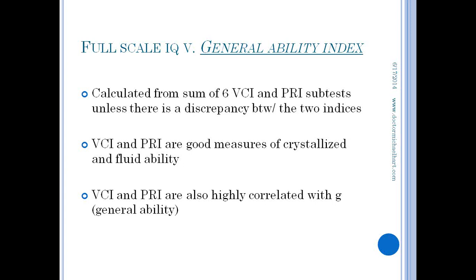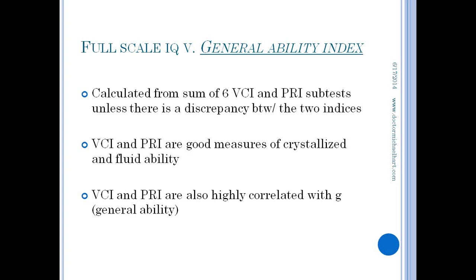So really quickly and very simply, if there's too much variability in usually working memory and processing speed, you partition those scores out and you calculate what they call a general ability index from the 3 subtests in the verbal comprehension index and the 3 subtests from the perceptual reasoning index, and that gives you a pretty solid score of their general intellectual capability.